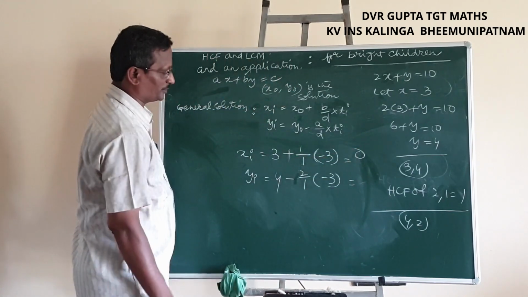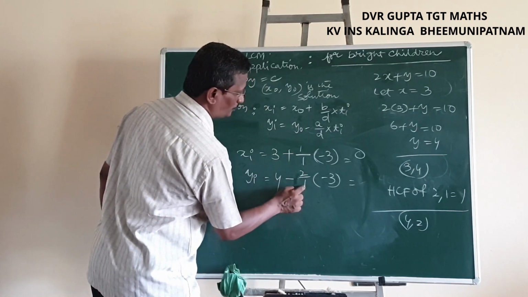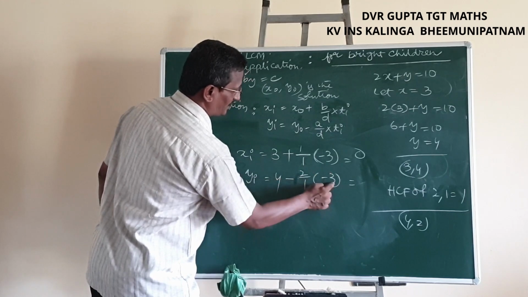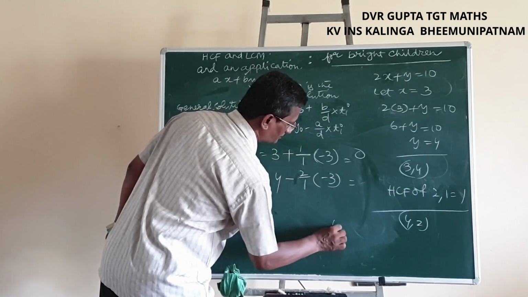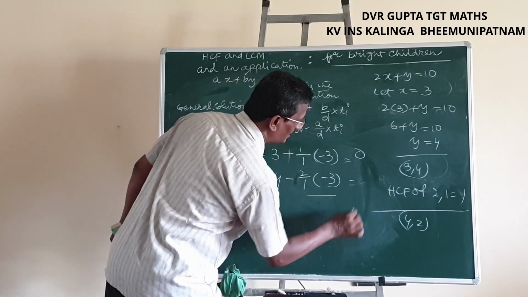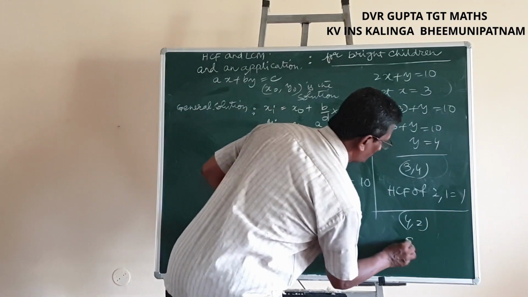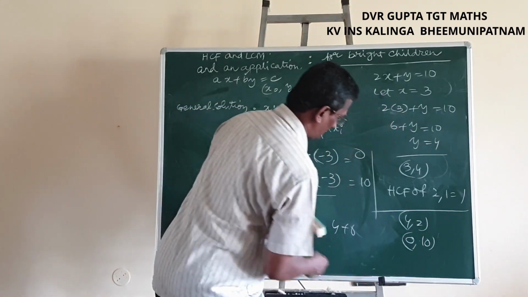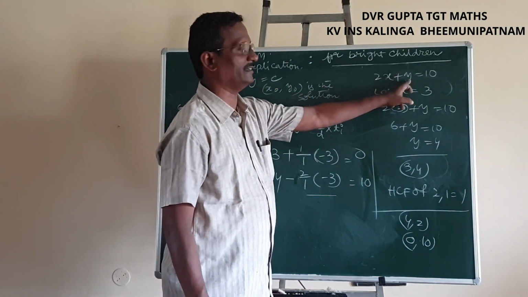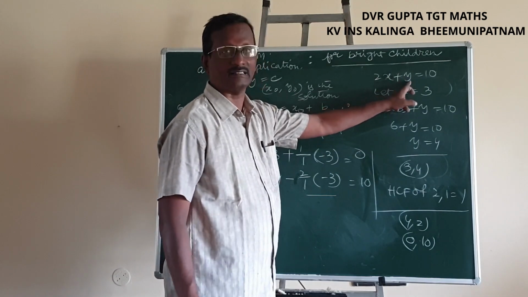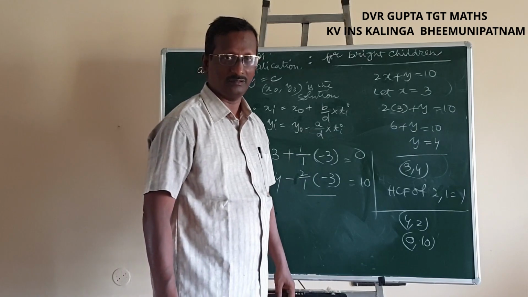So x solution is 0. For the y value, minus into minus is plus, 2 by 1 is equal to 2, and this is 3. 2 3s are 6. So 4 plus 6 is equal to 10. Here x is equal to 0 and y is equal to 10. Yes, this is also satisfied. See, x is equal to 0, 2 into 0, 0 plus y 10. So 0 plus 10, LHS is 10, RHS is already 10. So satisfied. Hope you have understood.